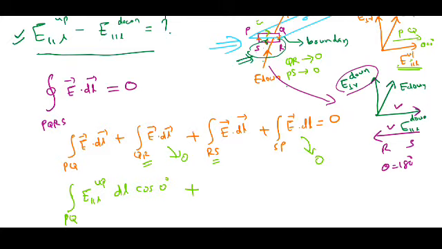Therefore, we can write this RS component, integration R to S, the component of E parallel or anti-parallel to the length element, E parallel down dl cos 180, that is equal to 0.